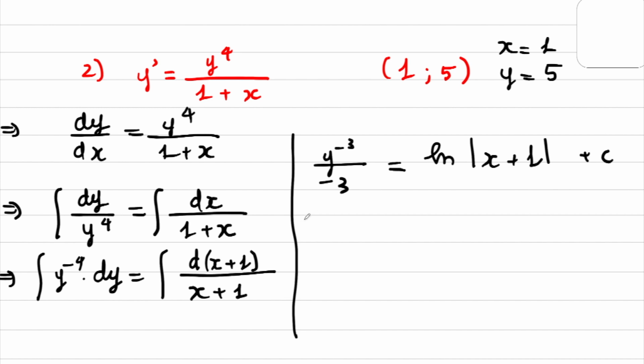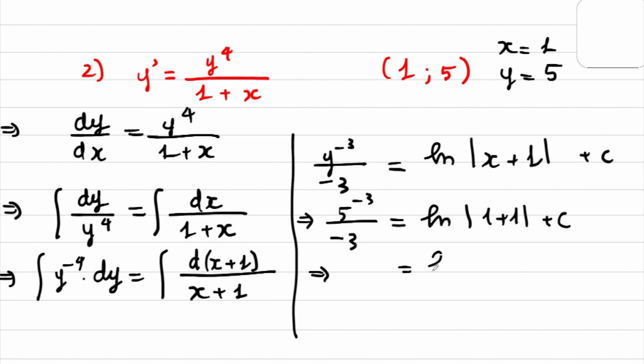Now substitute the values of h and y correspondingly. You got here 5 to the power of minus 3 divided by minus 3, and here you got ln of 1 plus 1, and then plus c.